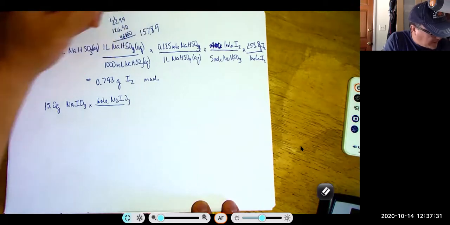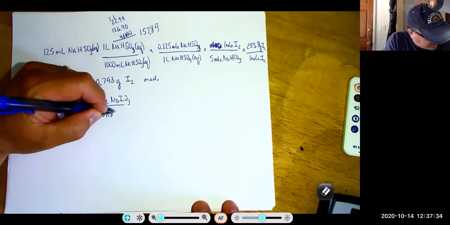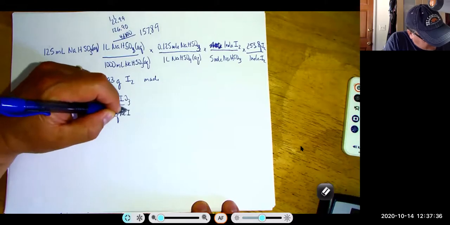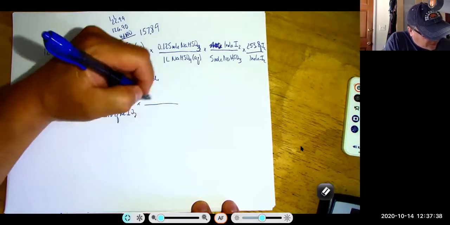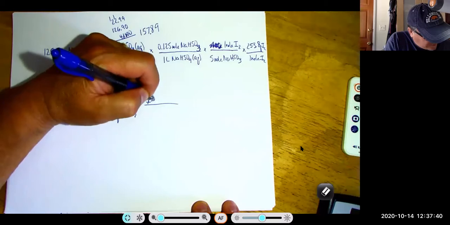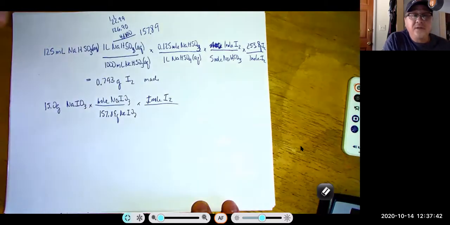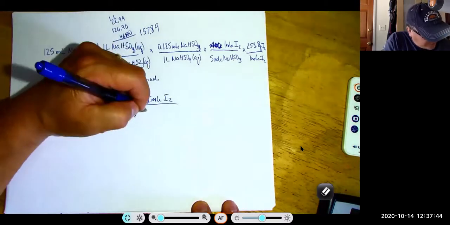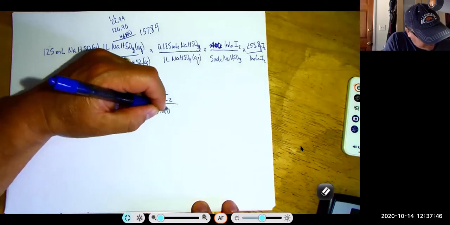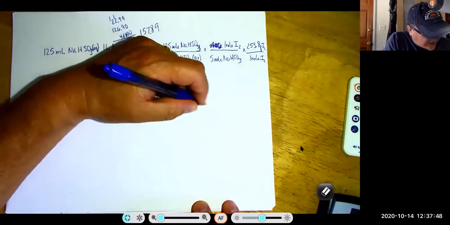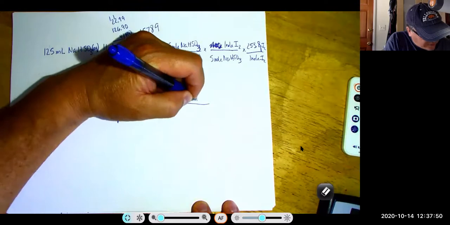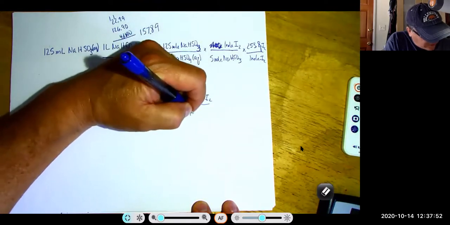I did that right. Times 1 mole of I2 to 2 mole. And then times 253.8 grams of I2 to 1 mole of I2.